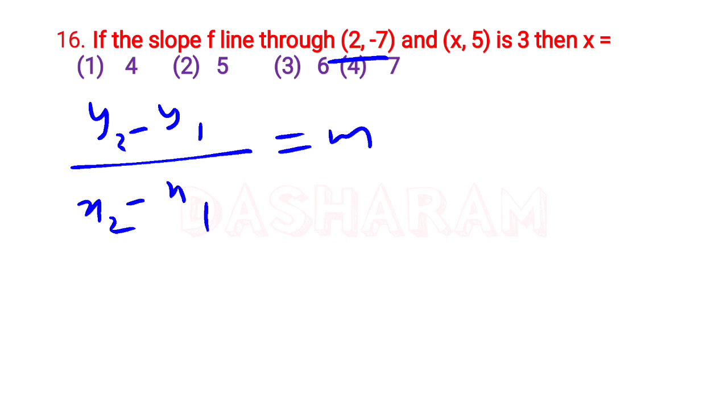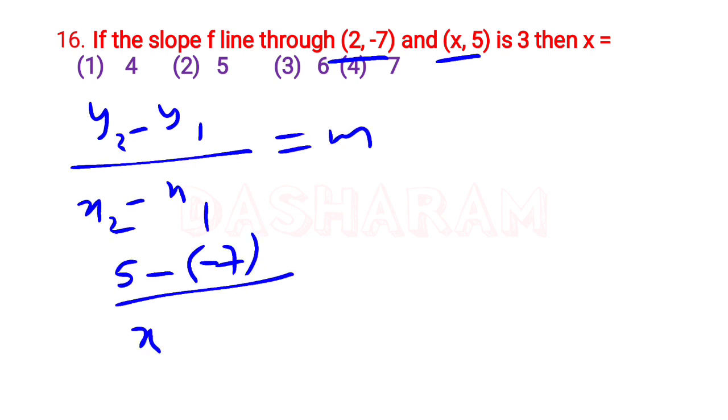From the second ordered pair, x is x2, 5 is y2. So y2 5 minus y1 minus of minus 7, divided by x2 x minus x1 2, equals m, but m value is already given, that is 3.